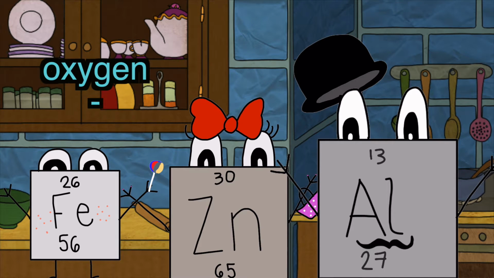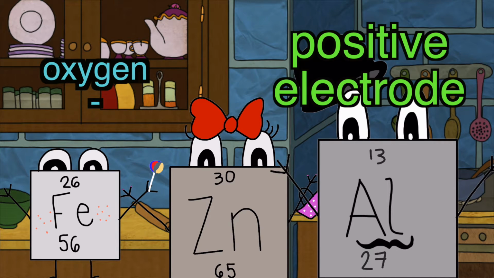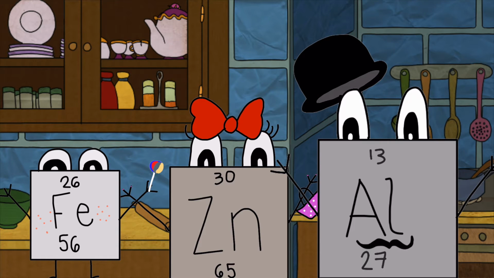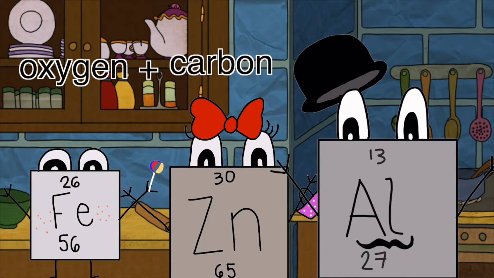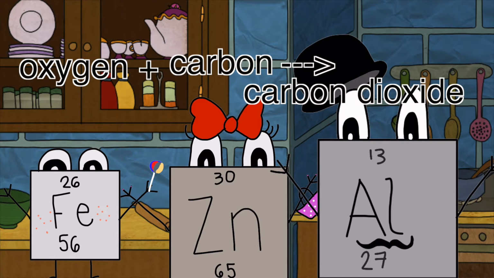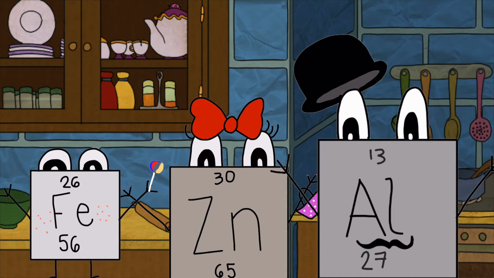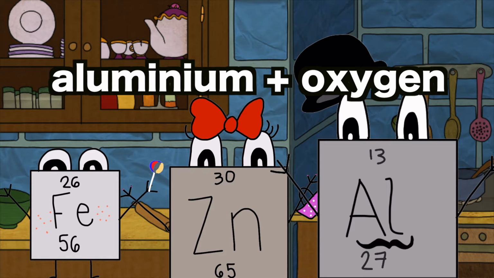And since oxygen is negative, it forms at the positive electrode, right? Yes, very good, kiddo. Now, the last thing you have to remember is the oxygen reacts with the carbon from the electrodes, giving off carbon dioxide gas. So, aluminium oxide, when heated, gives aluminium plus oxygen.